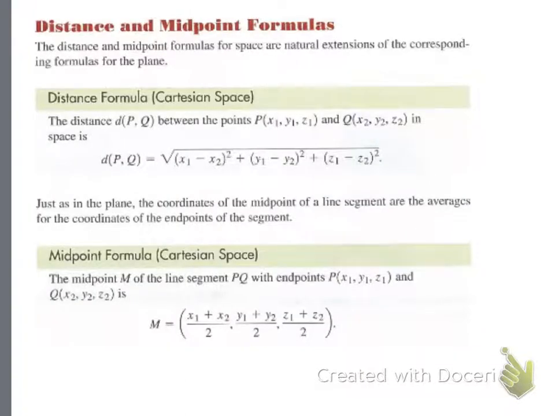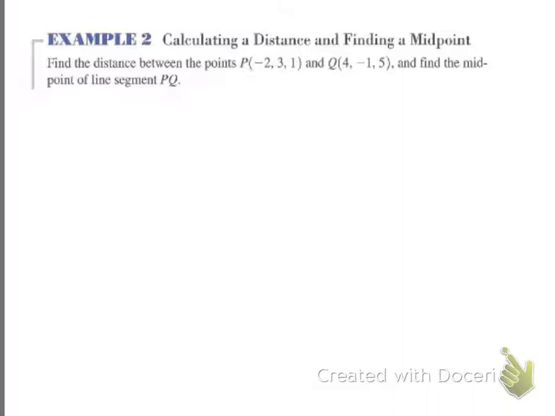Here are your distance and midpoint formulas. Basically, they're the same as the normal distance and midpoint formulas. The only difference is now you're adding z's. So you have x's, y's, and now z's.